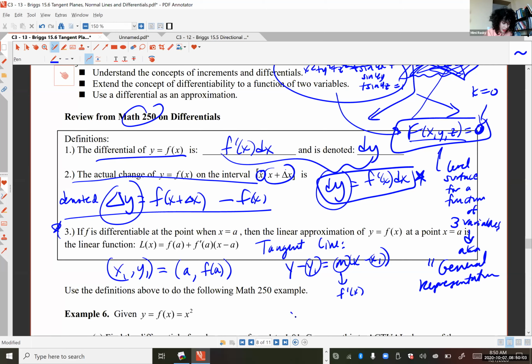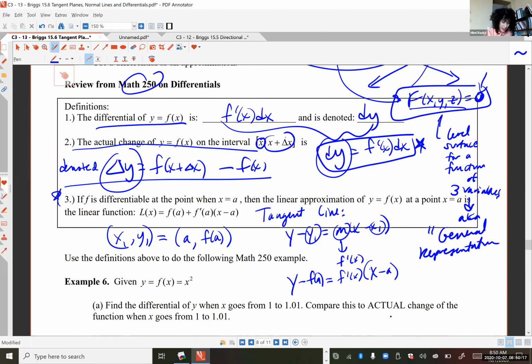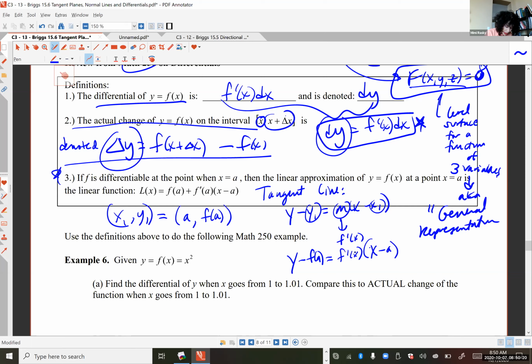So your tangent line equation, this is still Math 250, folks, would look like this. y minus the y coordinate, f of a, is equal to f prime of x times the quantity x minus a. Okay, and your slope would actually be f prime evaluated at a. Now if you rearrange this equation by adding f of a to both sides, I hope you can see that the equation of the tangent line has this kind of look to it.